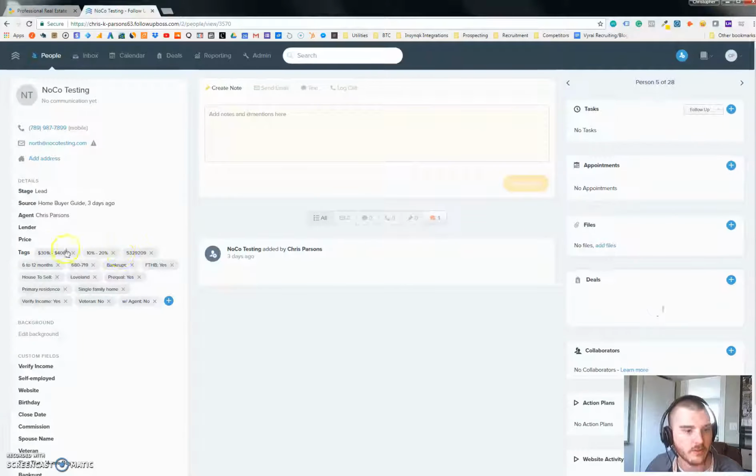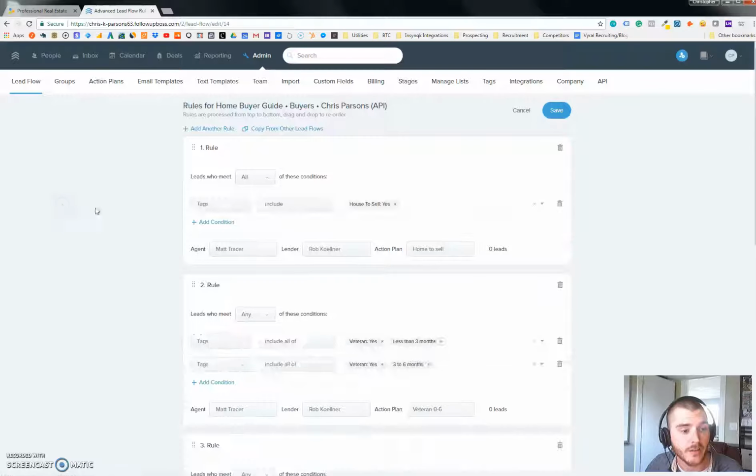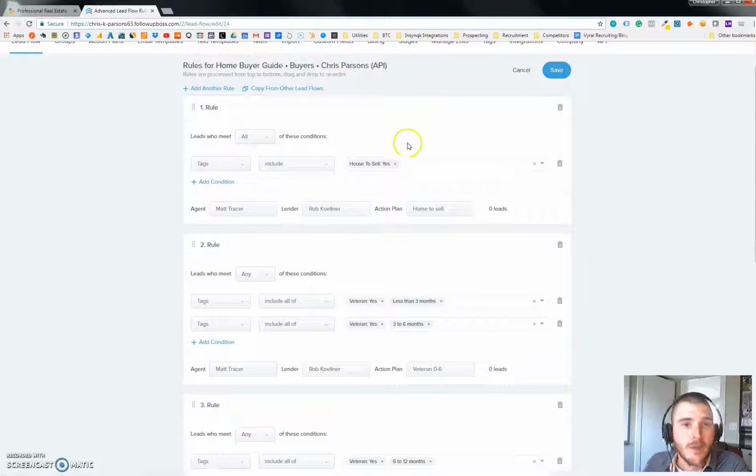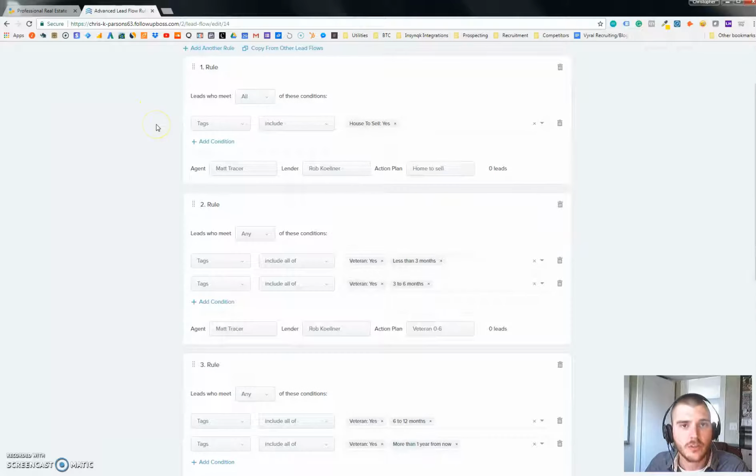So again, we have all these tags, and the reason this is so great is if we go into advanced lead settings, and we're building this out as we go, this is basically the rules for this lead source. Each lead source can have its own set of rules.